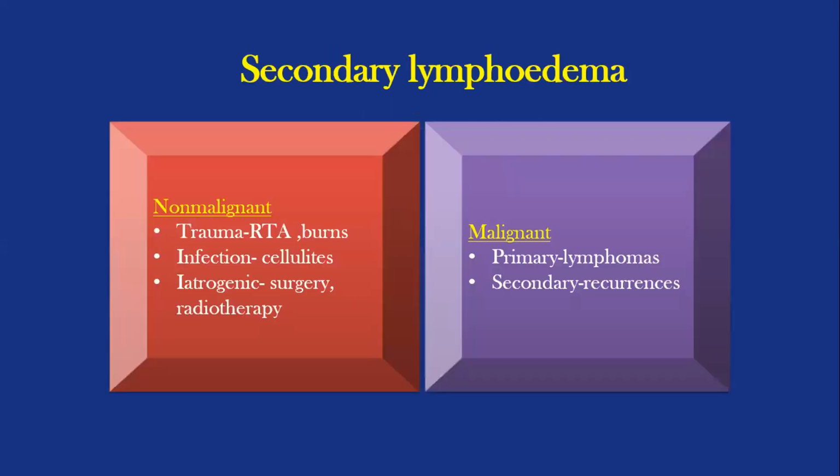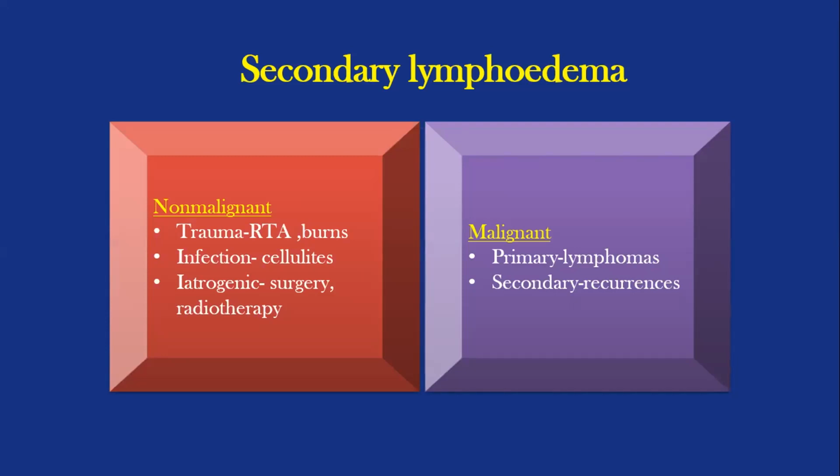Secondary lymphedema is again divided into two: non-malignant and malignant. Non-malignant persons can also develop lymphedema, not only malignant ones. So what groups of non-malignant patients can develop lymphedema?